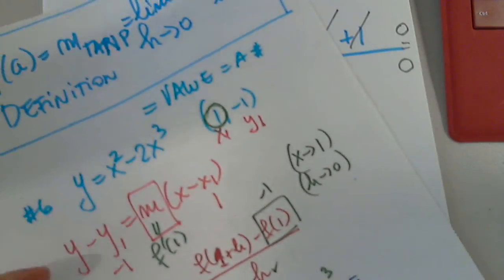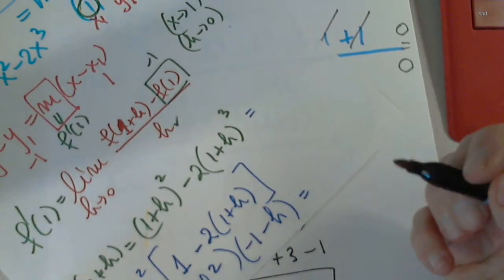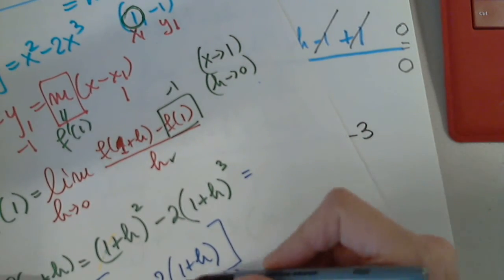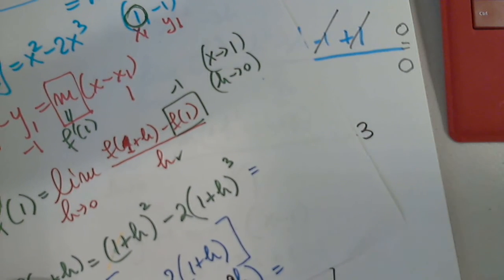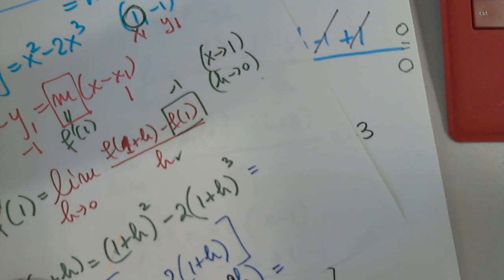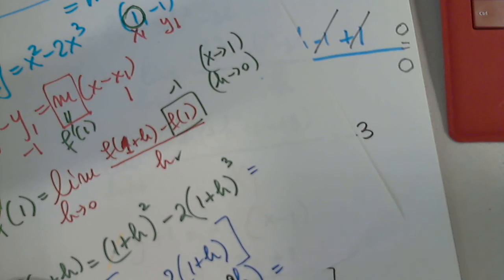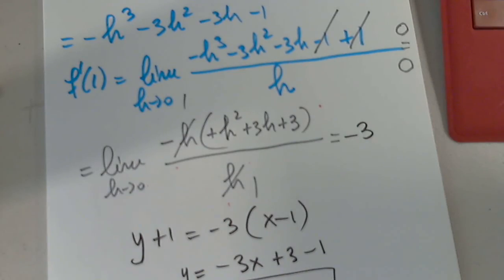So 1, negative 2 is correct. But negative 2 times h, I swallowed the 2. My apologies.